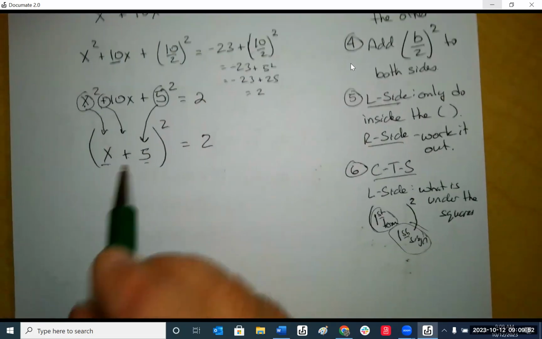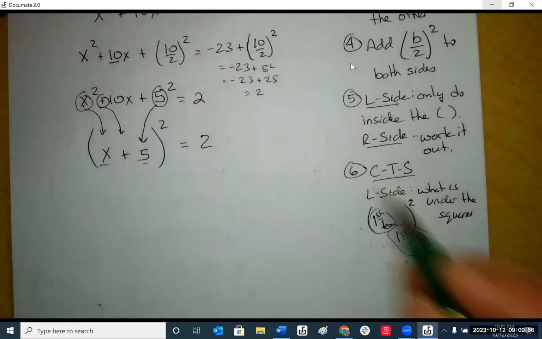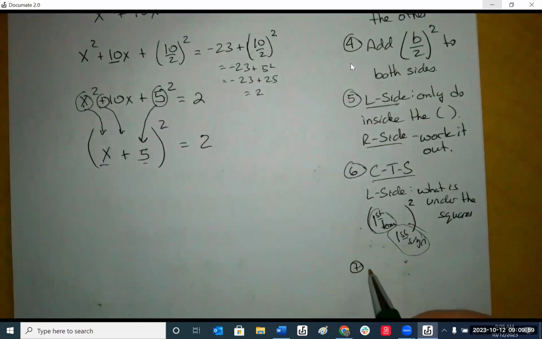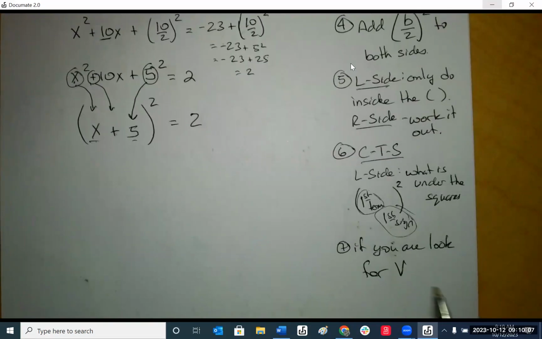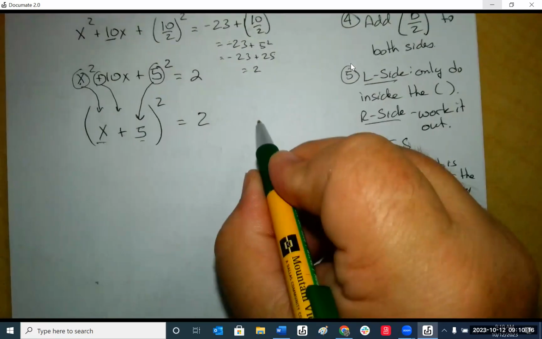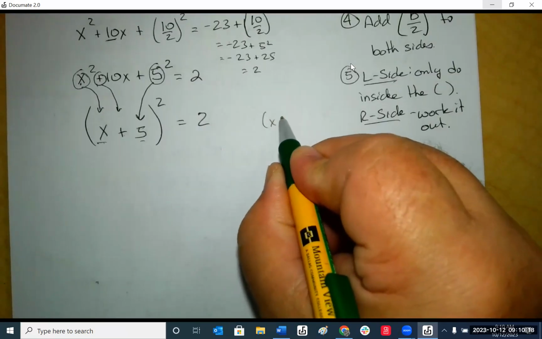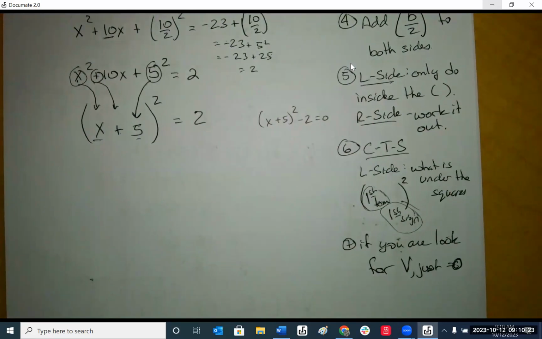Now, if you want to know what the vertex was, just set it equal to 0. In other words, if you set this thing equal to 0, you have x plus 5 squared minus 2 equals 0.